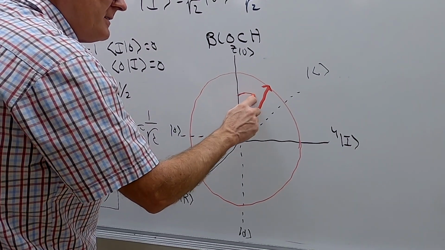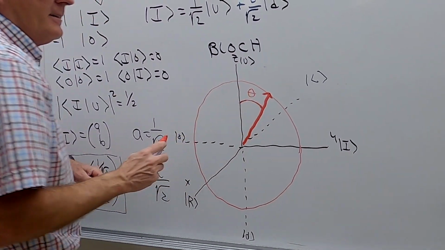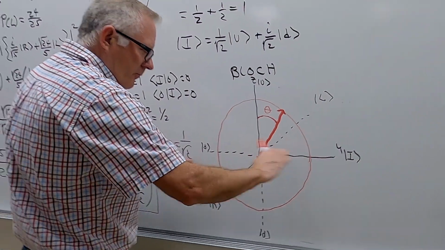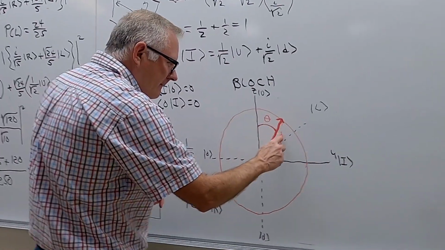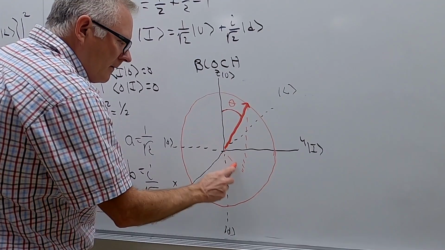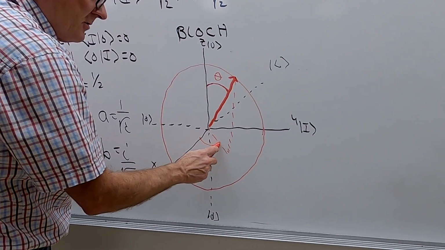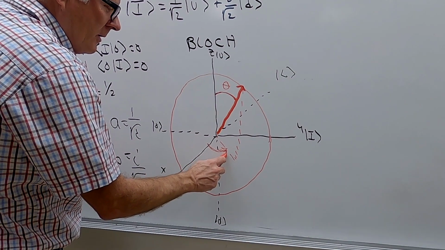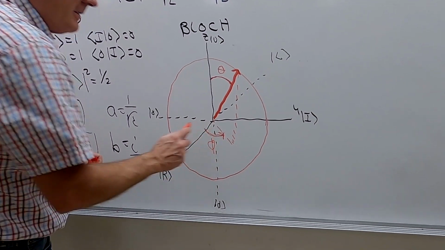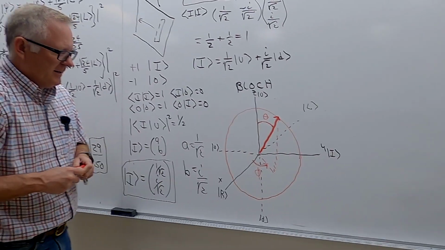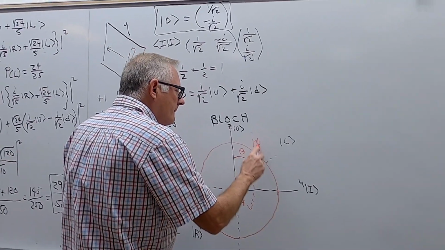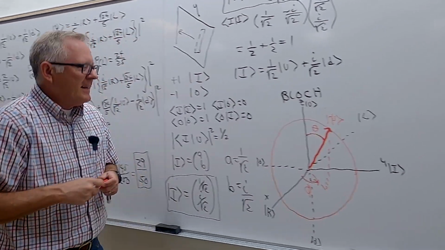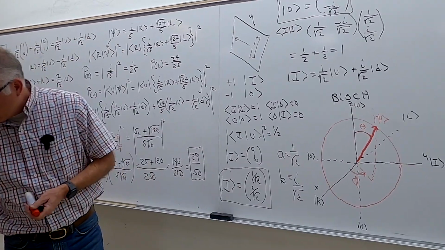So I'm going to call this angle right here theta. And then if you bring this vector down to the xy plane, it kind of swings across this way, some angle phi. It's almost just spherical coordinates right here.